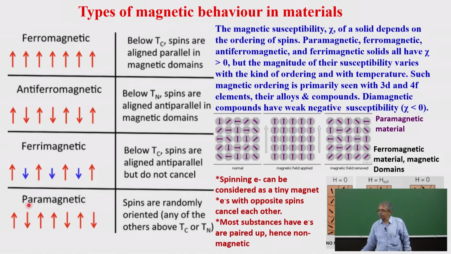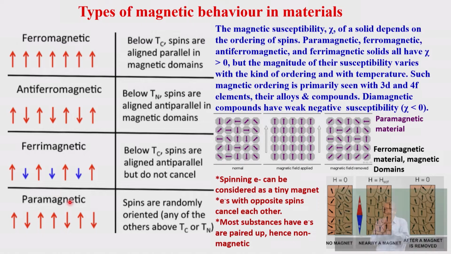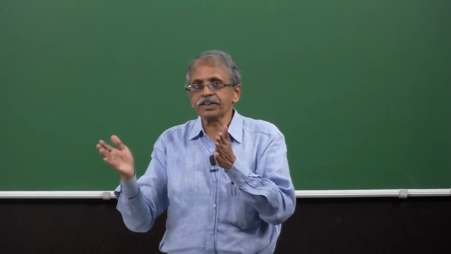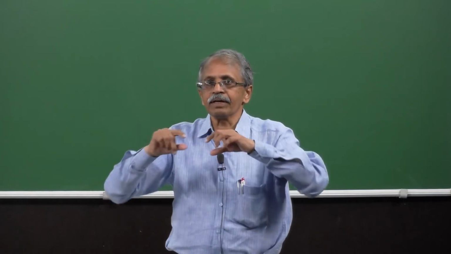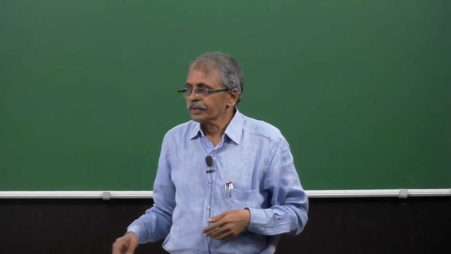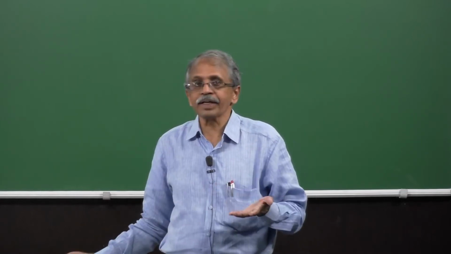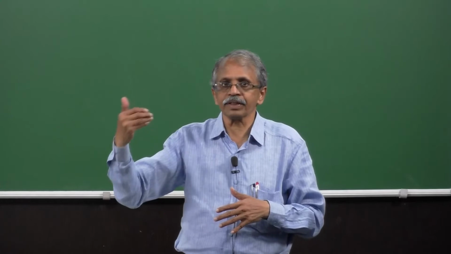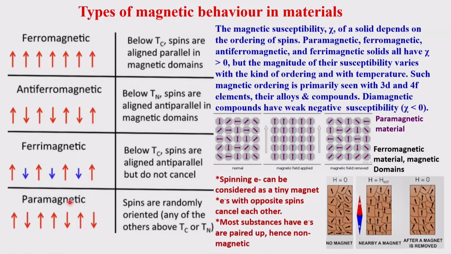So that is paramagnetic. This paramagnetism can have an adjustment, a rearrangement, depending on temperature. At some temperatures something can happen, at certain other temperatures something else can happen. This is what we will see now.